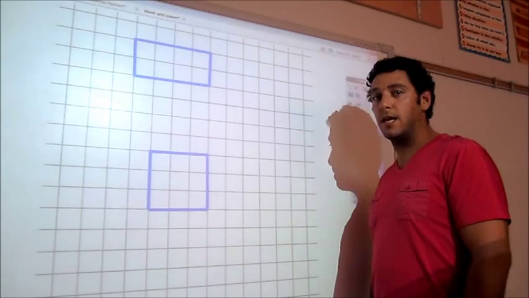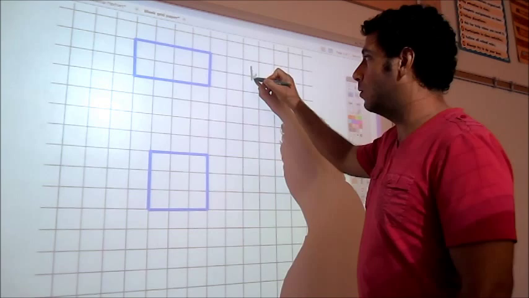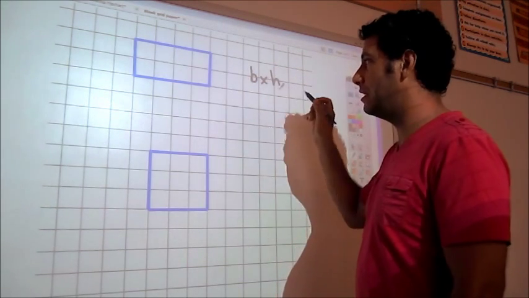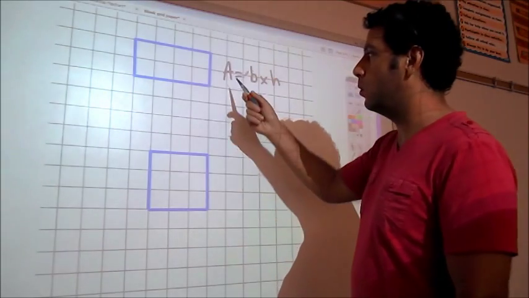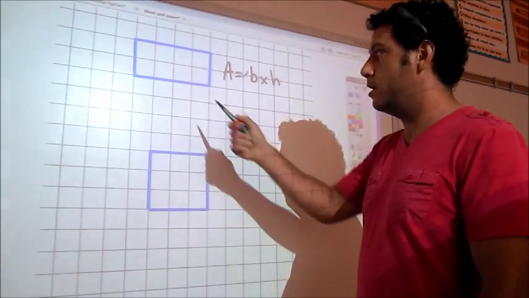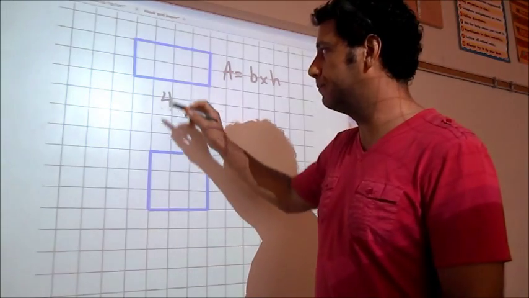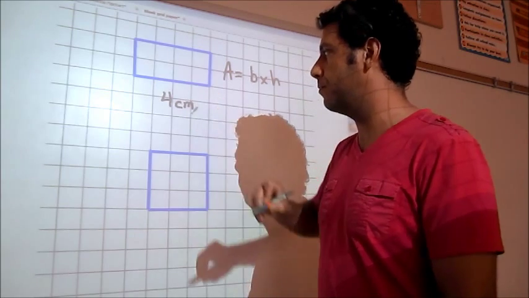In order to calculate the area of a rectangle, we need to follow this procedure. Okay? Base times height. This is the formula for area, where A is equal to area. So in this case, we have a base of 4. 1, 2, 3, 4. Let's call them centimeters.